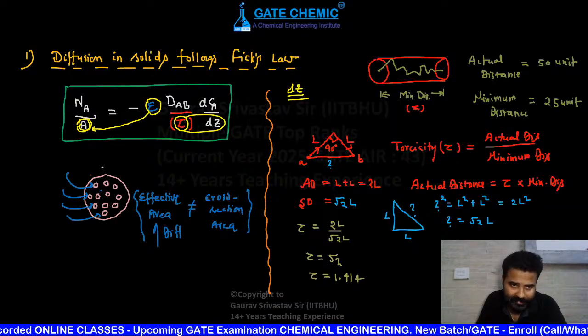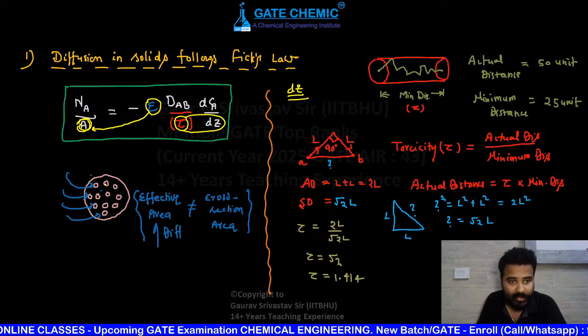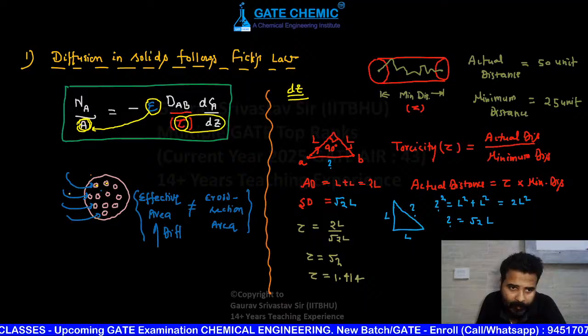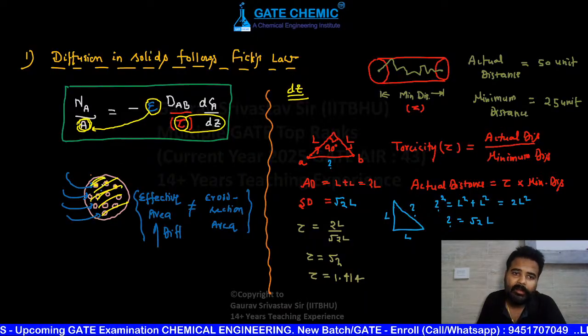Suppose this is the solid, and here diffusion is going to occur, and as you had seen, it is going to occur through pores. So the actual area that is available for diffusion is this area, not the complete area. The complete area is not available.